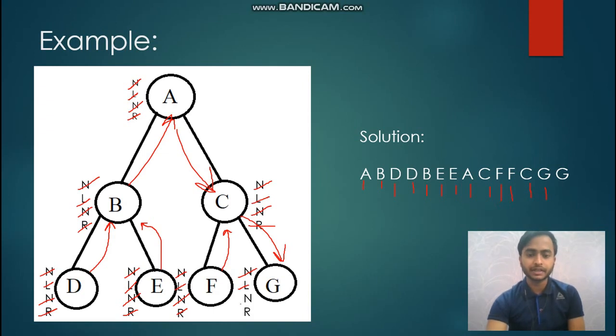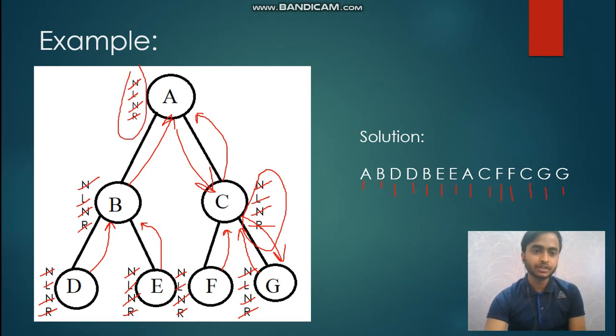Third step is again N, so print G. Last step is R, again no right subtree, so ignore it. And we trace back to C. We see that all the steps are complete, no need to do anything. Trace back to A. Now again we check that all the steps of the root element are complete, so we are done. Hence the traversal is complete. The solution of this traversal is this one.